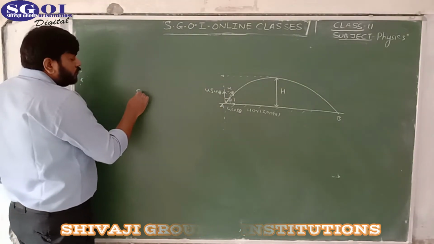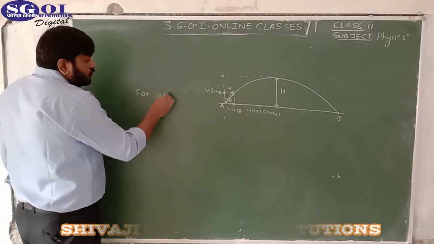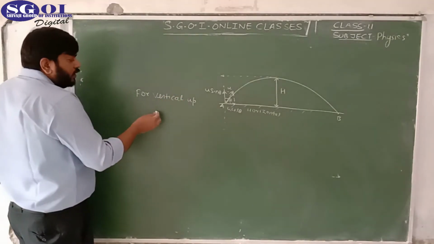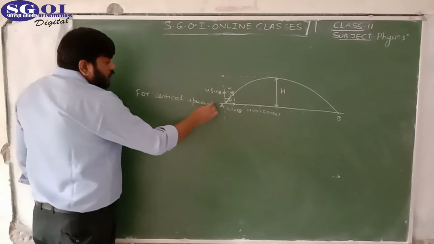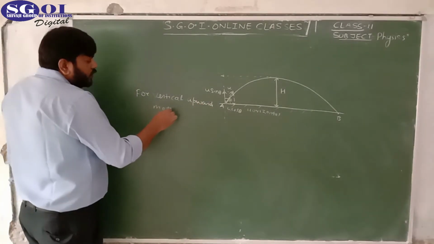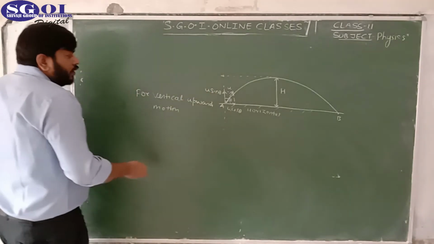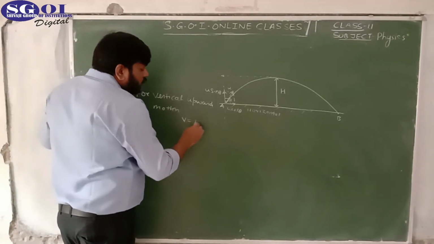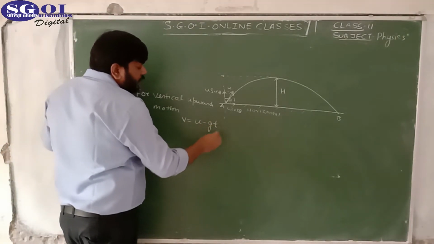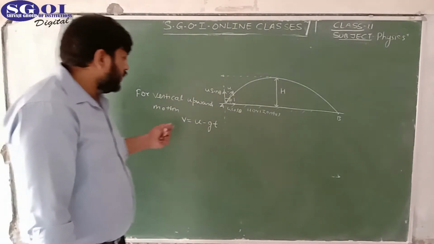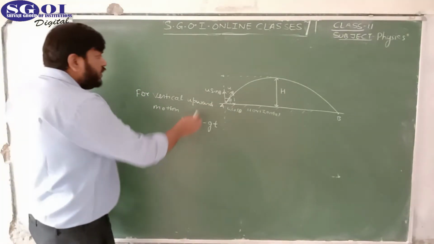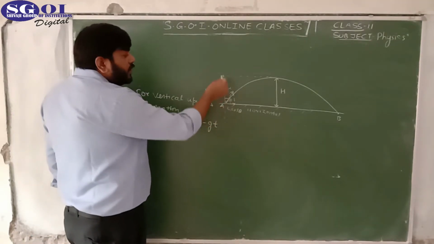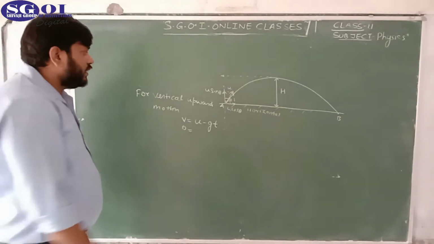For vertical upward motion, because the velocity is decreasing, we would use v equal to u minus gt. Here v is the final velocity, which is 0 at this point, and the initial velocity with which the object is going in the upward direction is u sin theta.